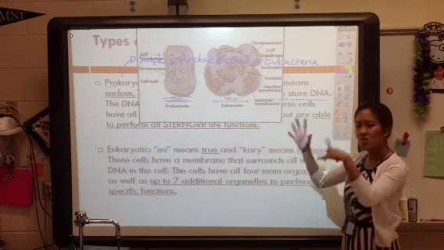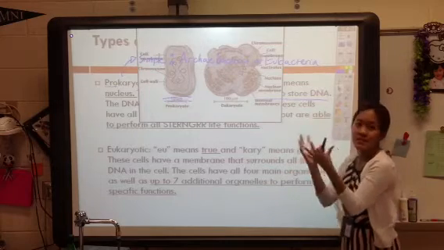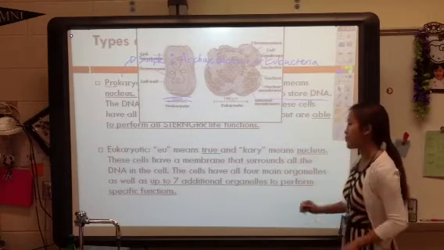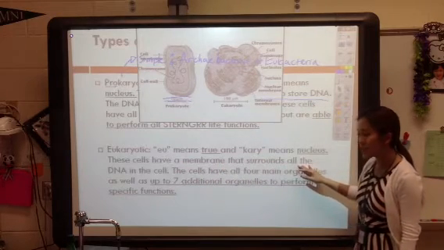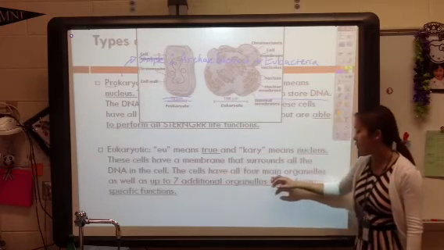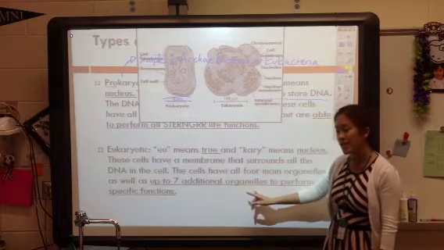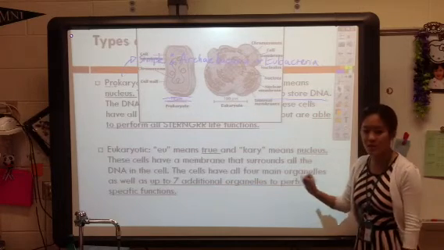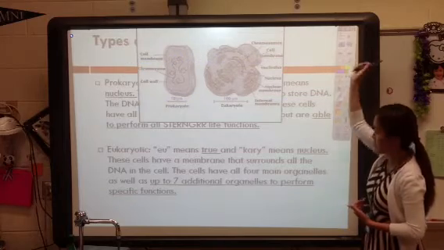So the DNA is just not floating around there in the water, in the cytoplasm, but it has like a safe place to put it in. Now these cells have a membrane that surrounds all the DNA in the cell, so that's the nucleus. And the cells have all 4 main organelles, as well as up to 7 additional organelles to perform specific functions. So we will talk about what those functions are later.